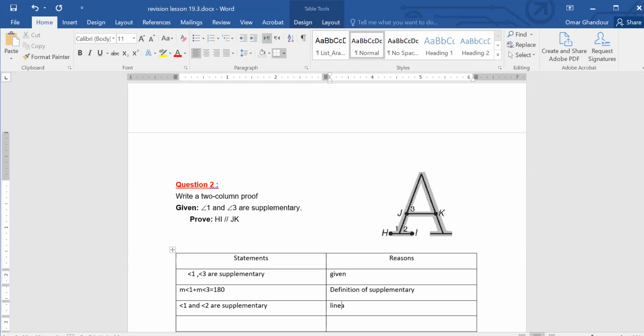Because of the linear pair theorem, which means that measure angle 1 plus measure angle 2 will be 180, which is the definition of supplementary.